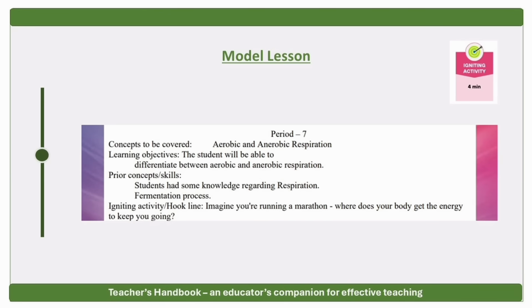Then the prior concepts and skills. Here the student will have some knowledge of respiration and fermentation process which he learned from 8th class onwards. And then coming to the igniting activity or hook line, that means the introduction. Here the hook line for this lesson is, imagine you are running a marathon.